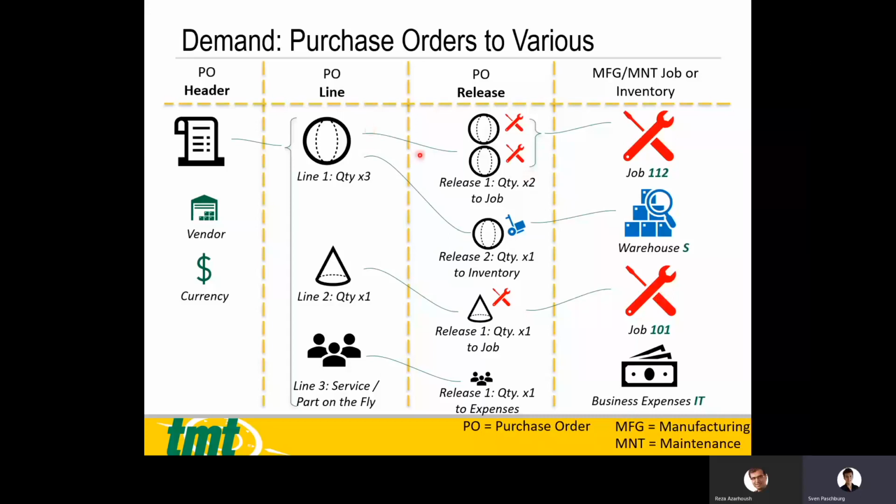And then at the top level here, you've got the scenario very much like a sales order, single line, 2 different releases. Quantity of 2, it's being requested by this job, but at the same time, you're also buying extra into inventory, right? So that's a scenario there where you're both having items purchased and delivered directly to a job, and you're having items that you might want to store on the shelf.